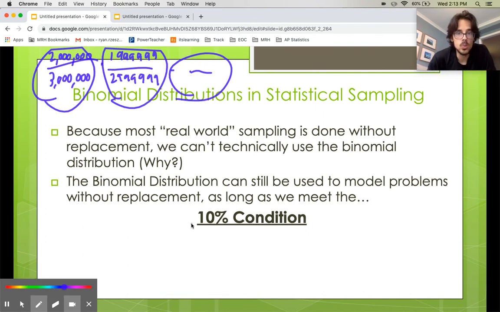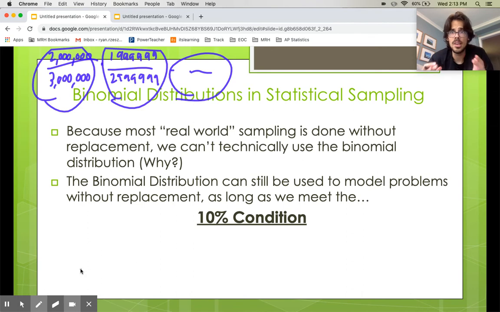And we use a condition to decide like where is the line in the sand? Where is the sample small enough with respect to the population that it's okay to pick without replacements? This is a condition we use a lot second semester in this class, and we're getting used to it now. It is called the 10% condition.